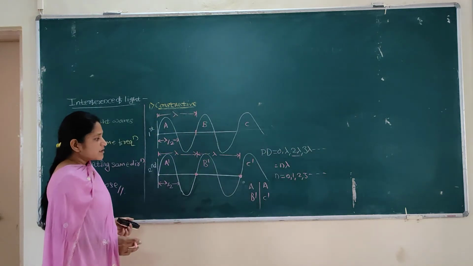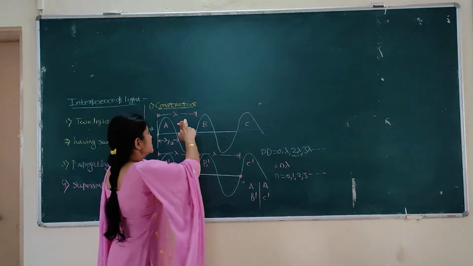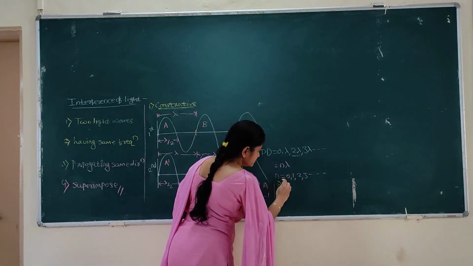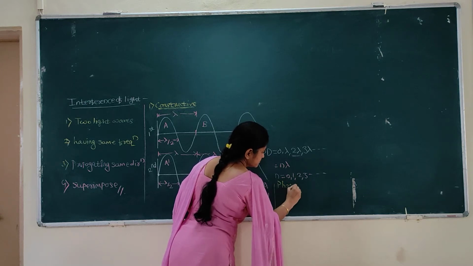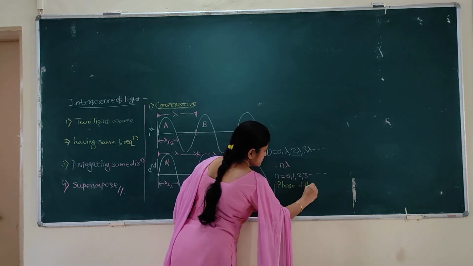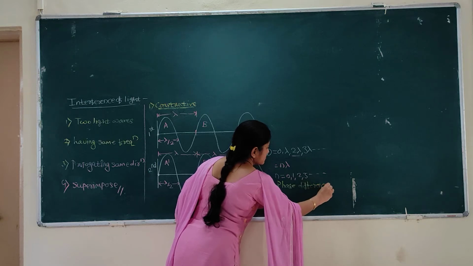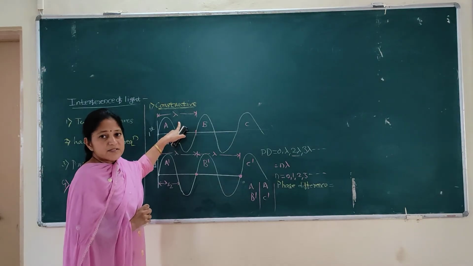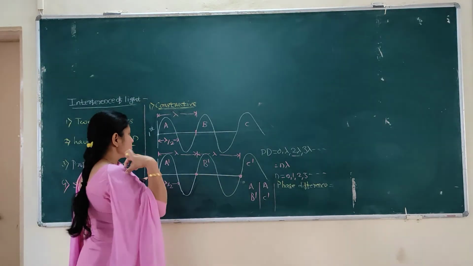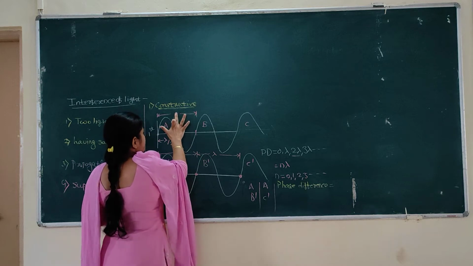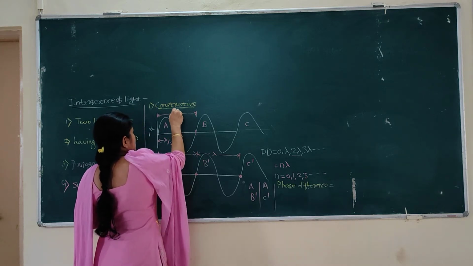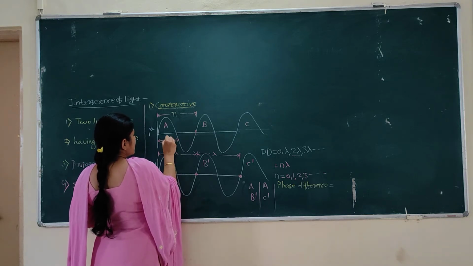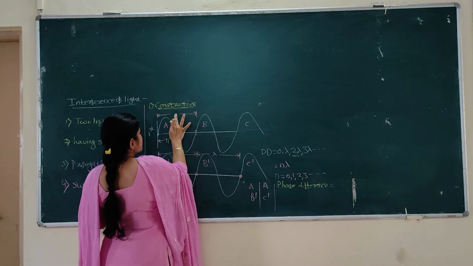Okay. Now after that, we discuss phase difference for the constructive interference. Similarly to path difference, there is a phase difference, which we can write in terms of pi. This is pi and this total distance is 2 pi.